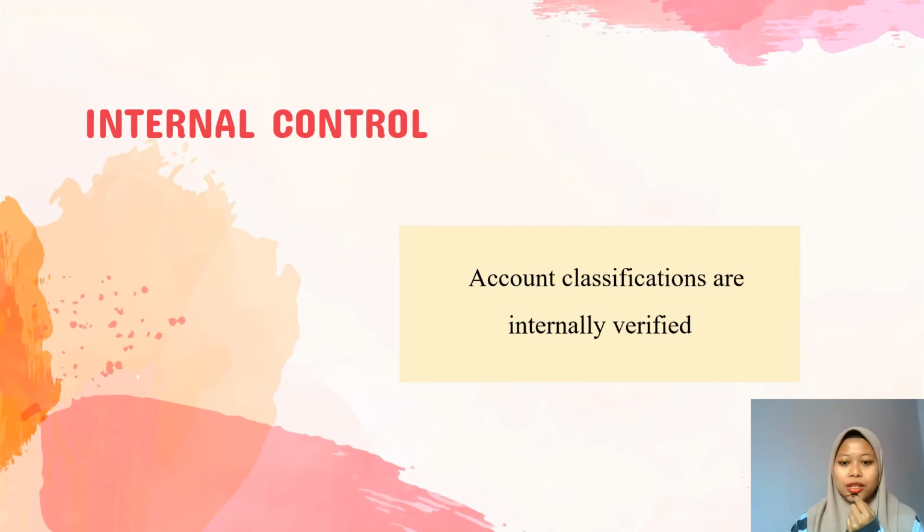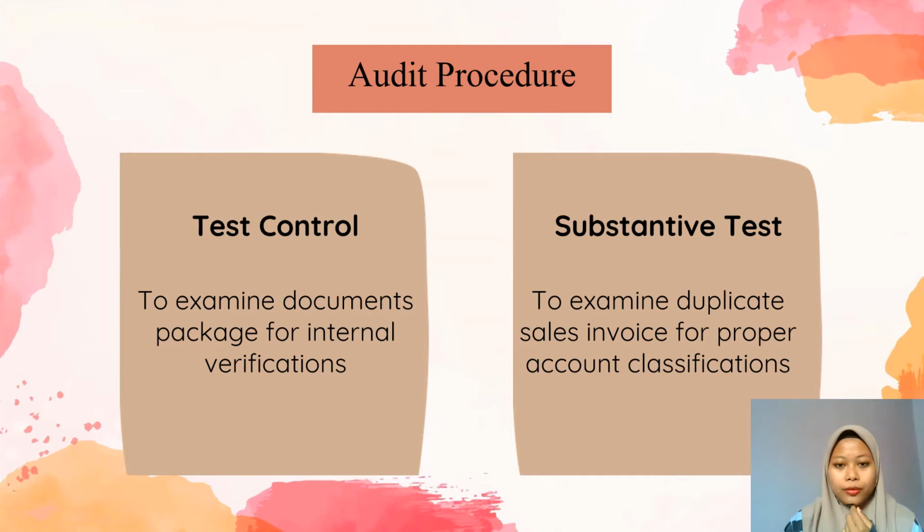For internal control, account classifications are internally verified. We have two audit procedures, which are test of control and substantive test. For test of control, examine the documents package for internal verifications, and for substantive test, examine duplicate sales invoices for proper account classification.